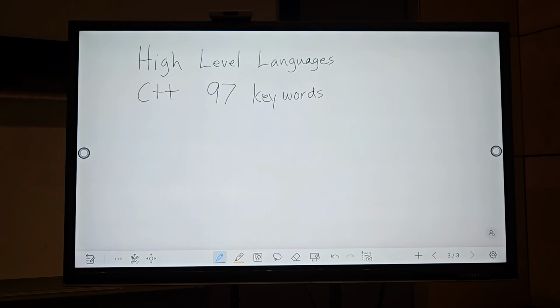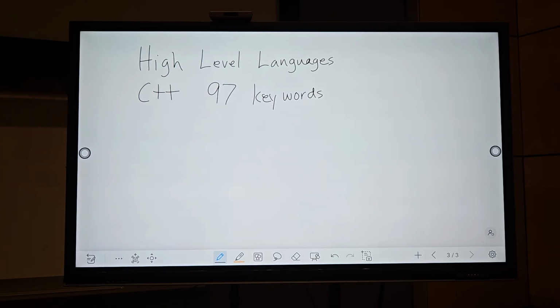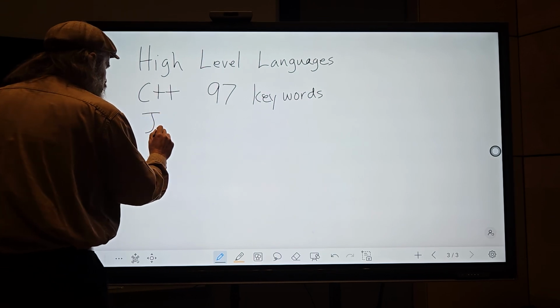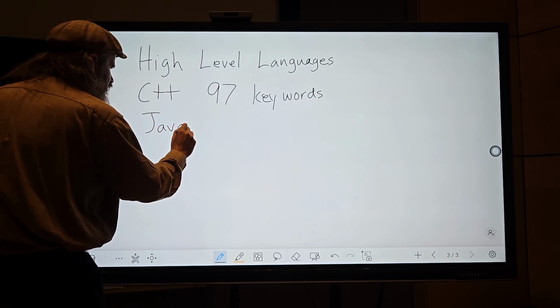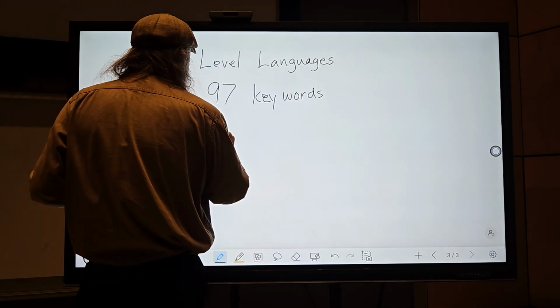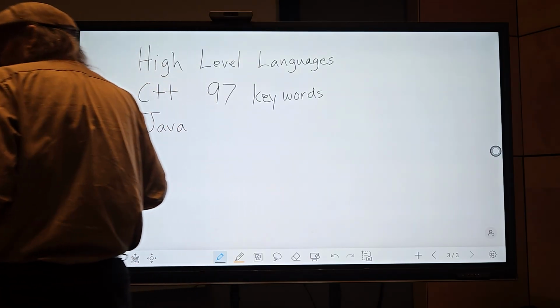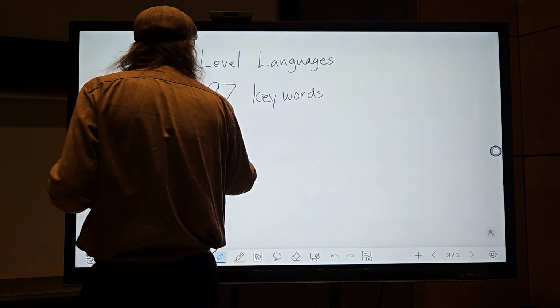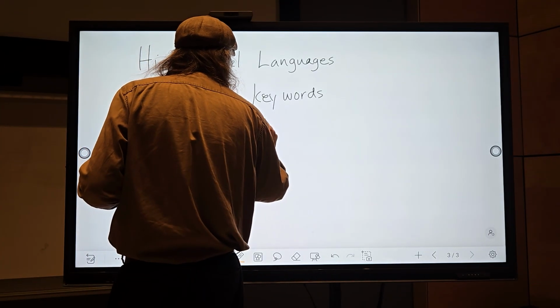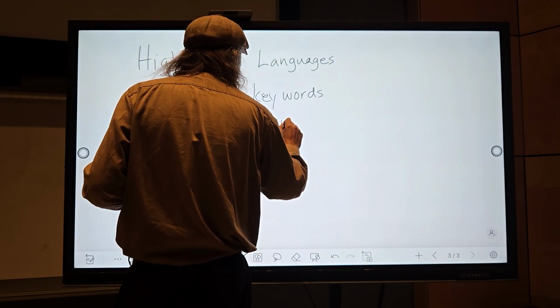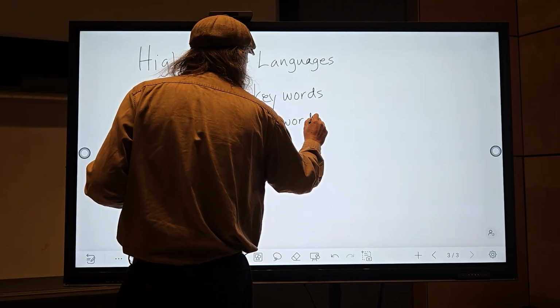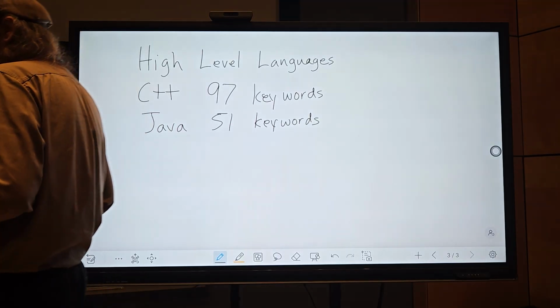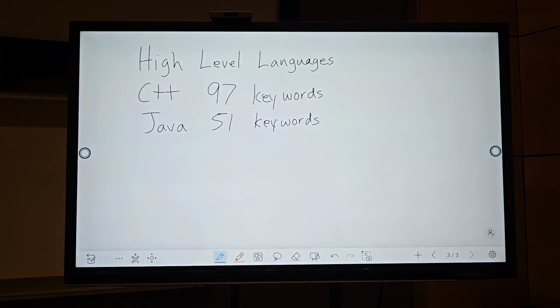But as far as words are concerned, 97, that's it. Java, what they taught for CS, the computer science students back when I was here, only 51 keywords. Considerably fewer, just a little over half.